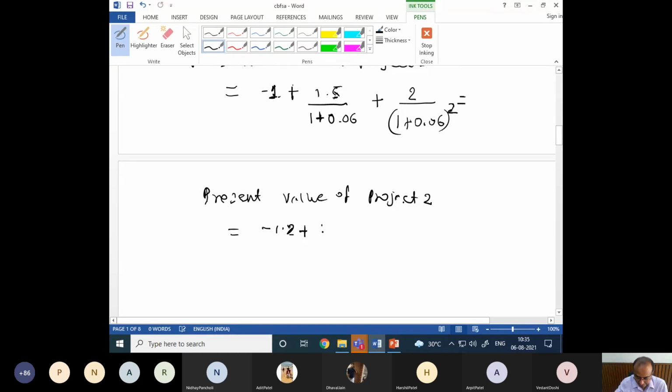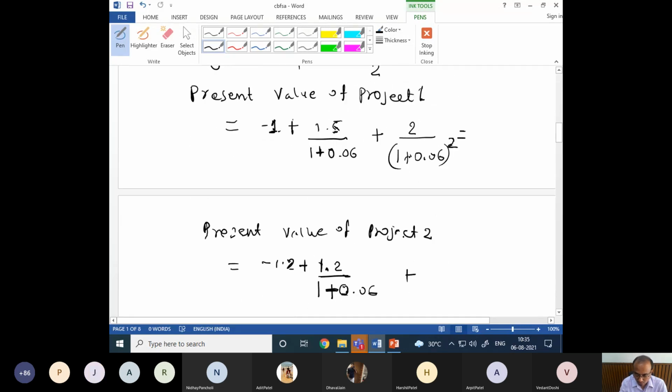So its present value is not 1.2, but 1.2 divided by 1 plus 0.06, plus what I get, 2.6 after 2 years.